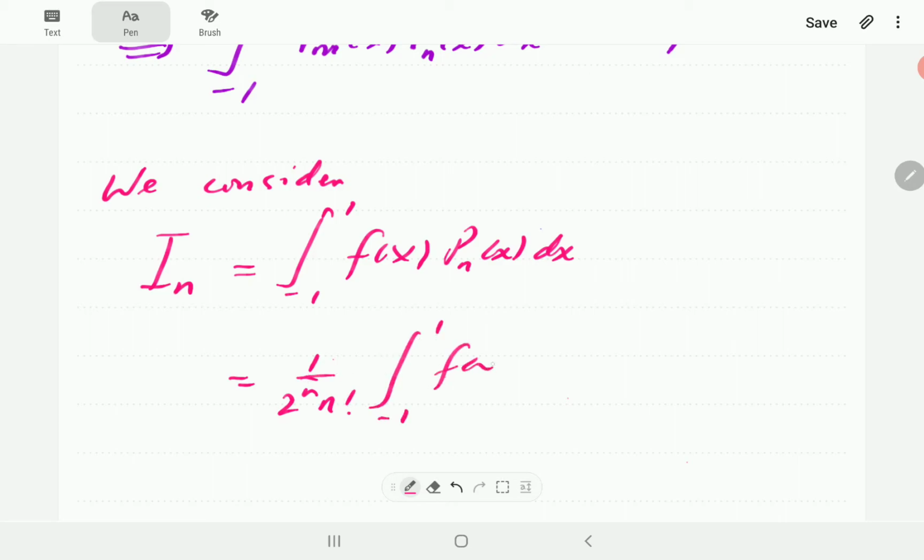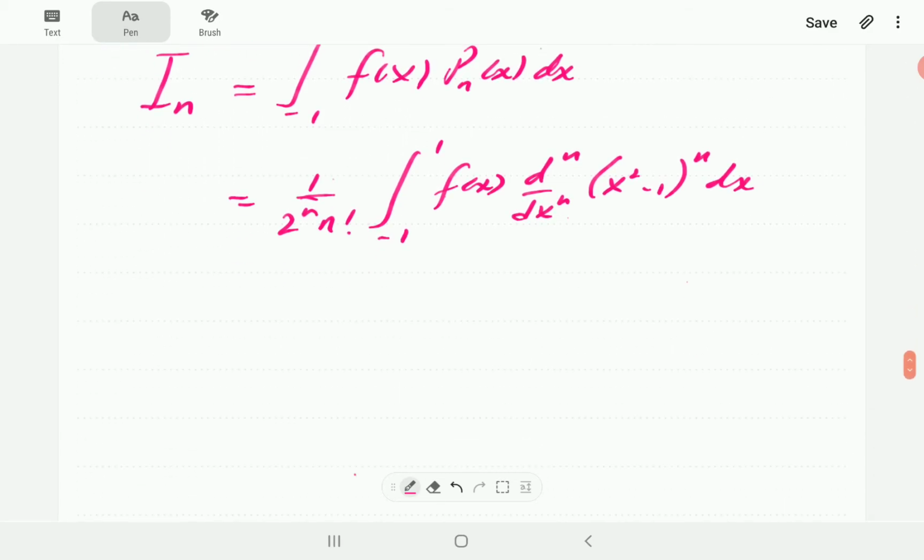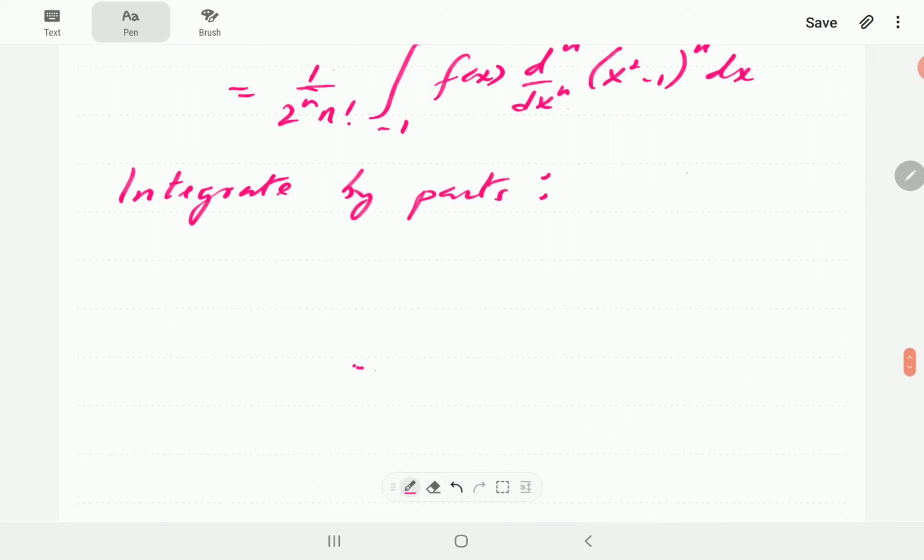So that's going to be f(x) times the nth order derivative of (x squared minus 1) to the power n. Then we're going to integrate this by parts. So we are going to let u be equal to f(x).